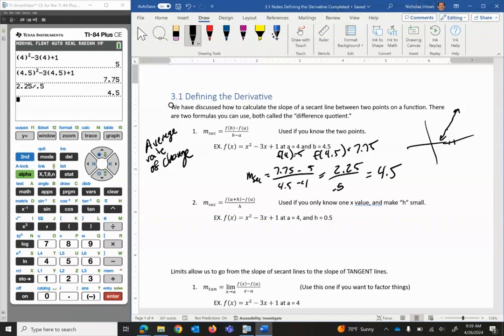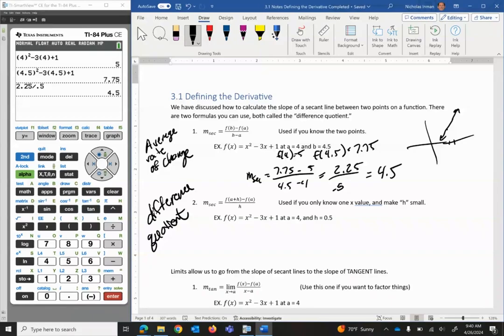Now, one other thing that we might use, and you should have seen this before, is the difference quotient. It does the exact same thing, it just changes it up a little bit. Instead of doing f of b and f of a and then b minus a, we do f of a plus h.